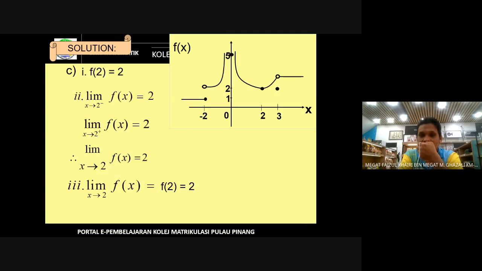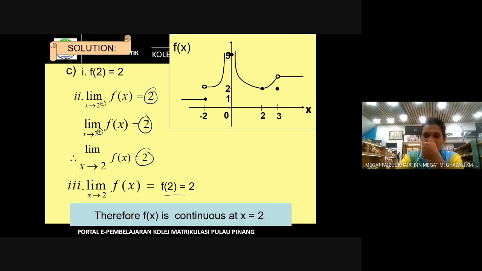Okay, when x equal to 2, look at this, approaching 2 from left, approaching 2 from right, 2 and 2. So the limit equals 2. When x is exactly equal to 2, y also equals 2. So then this is continuous at x equal to 2.